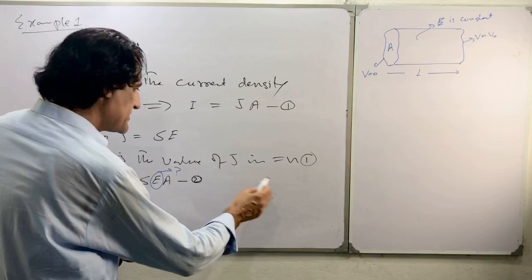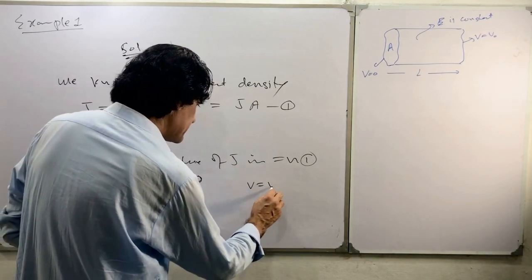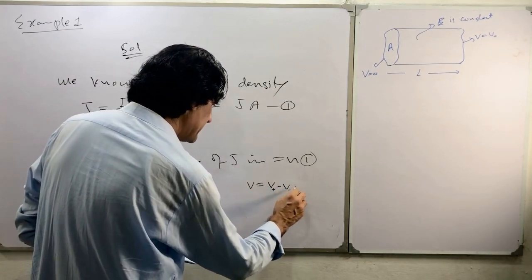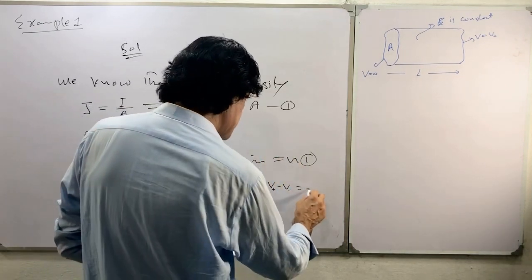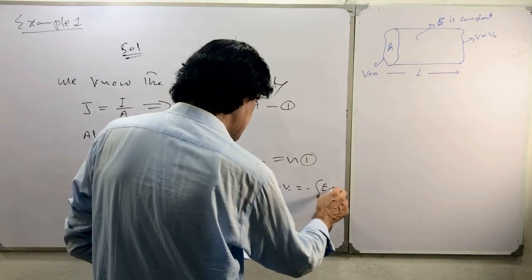From the previous knowledge, we know the potential difference V plus minus V minus can be defined as the integral of E dot dl.